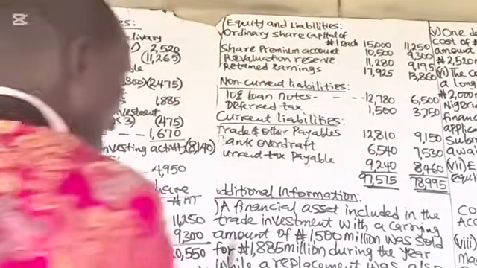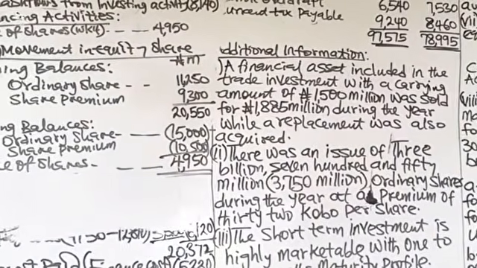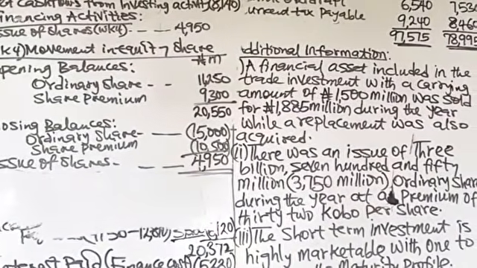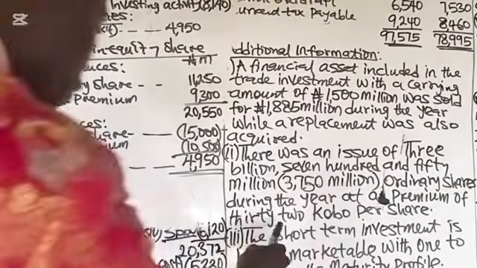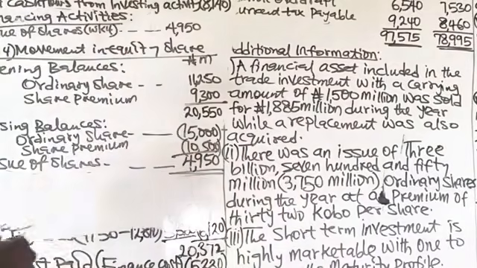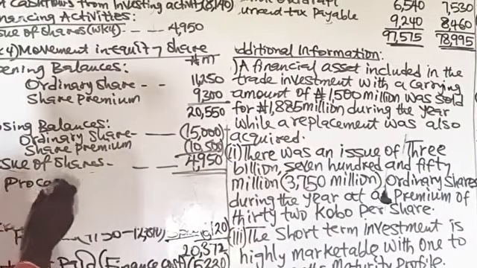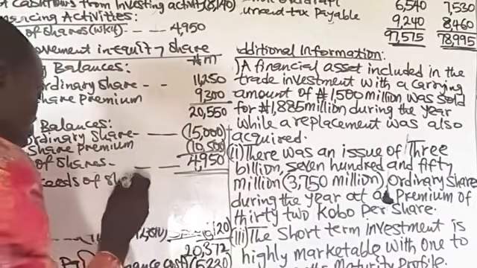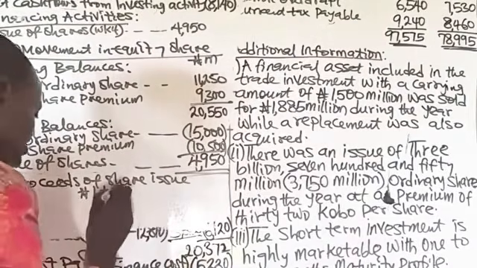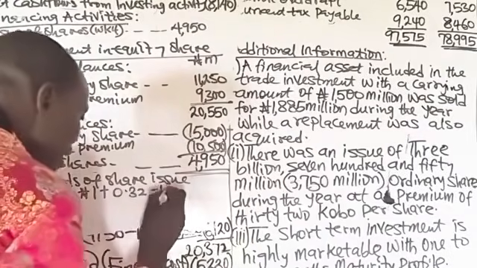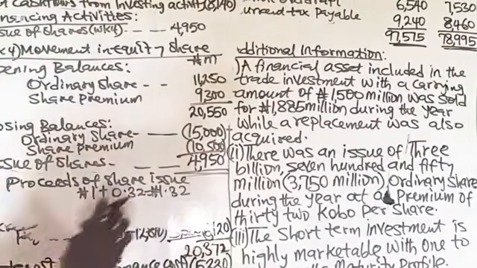If the par value is 1 naira and this share is issued at a premium of 32 kobo, so if you add 32 kobo to 1 naira, the proceeds of share issue is 1 naira plus 32 kobo, which is 1 naira 32 kobo.